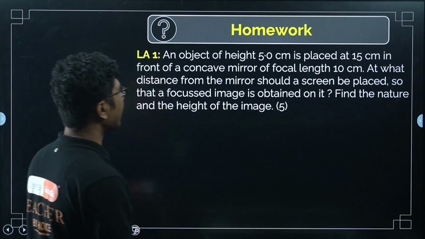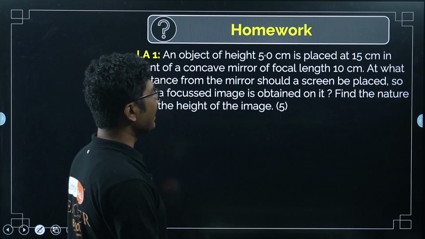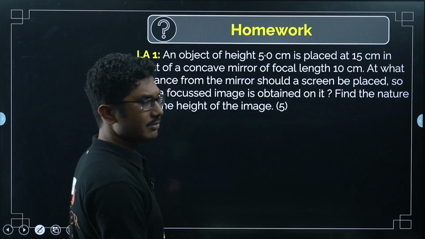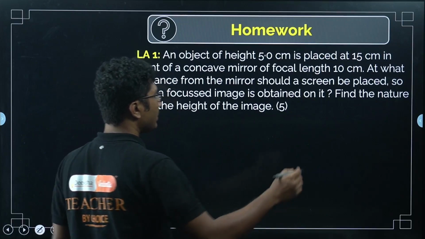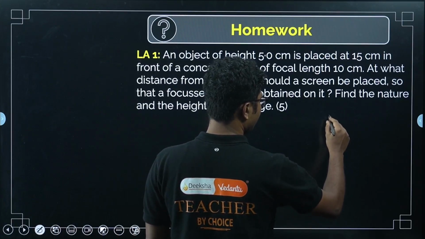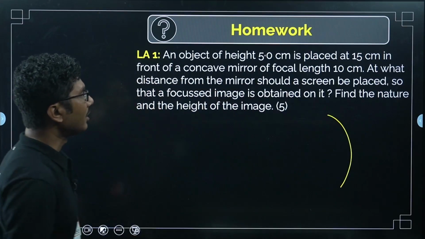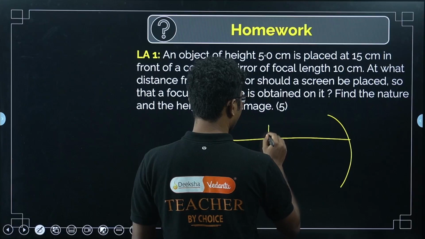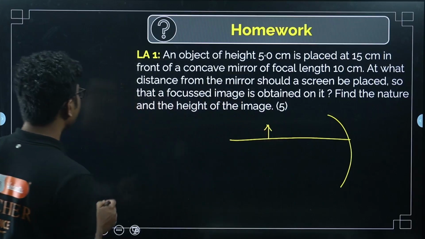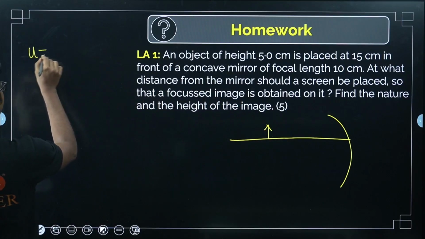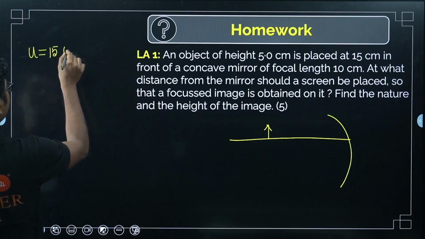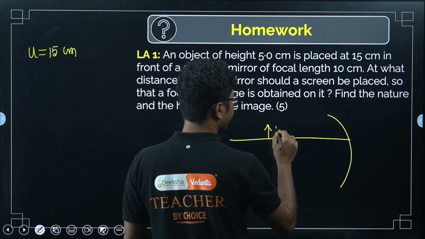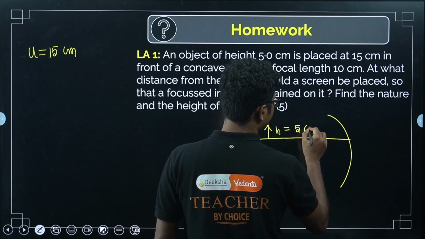An object of height 5 centimeter is placed at 15 centimeter in front of a concave mirror of focal length 10 centimeter. So an object is placed somewhere here. U is given as 15 centimeter, and the height of the object is given as 5 centimeter.